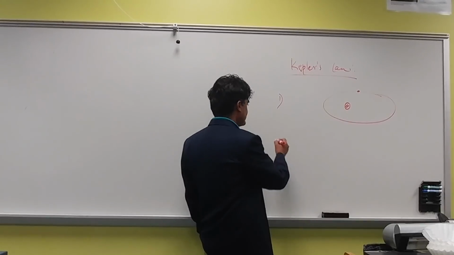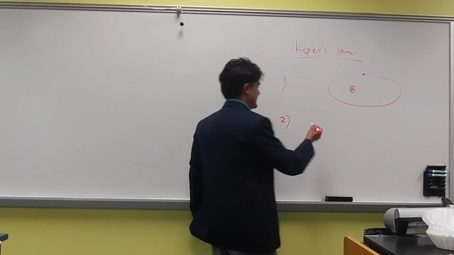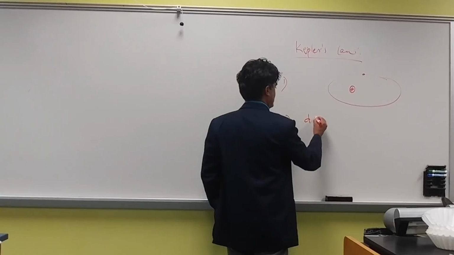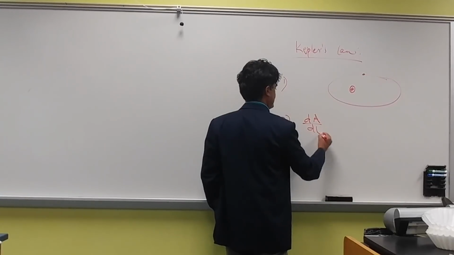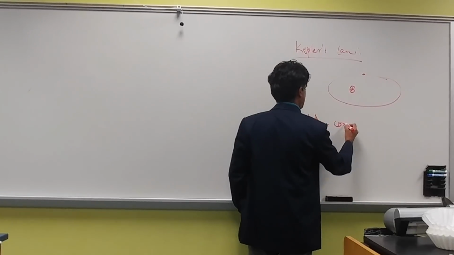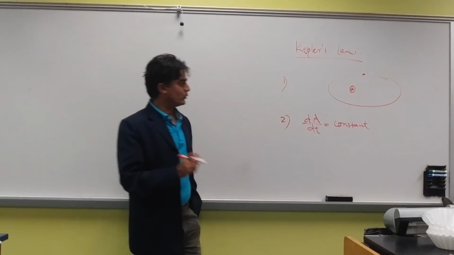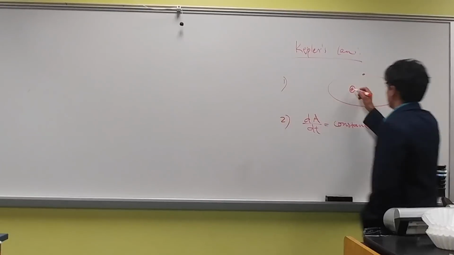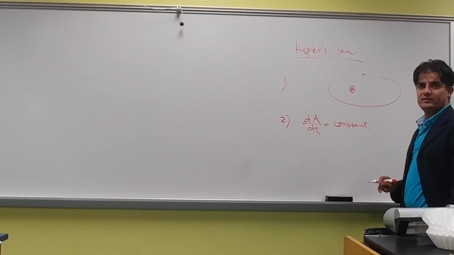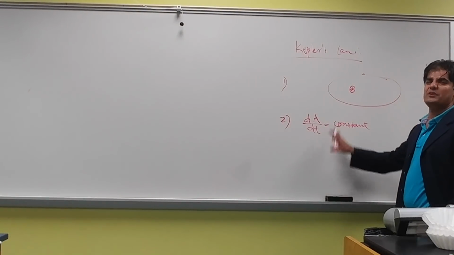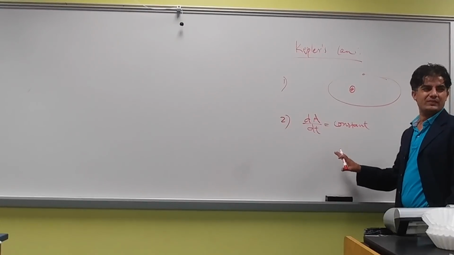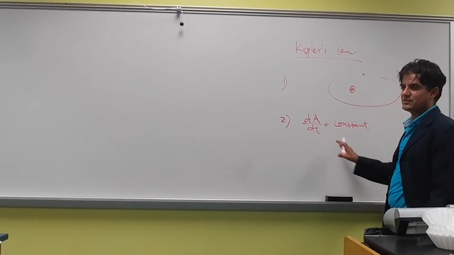Kepler's second law is that the time rate dA by dt is constant. What it means is, let's say the planet is here. I'm not going to derive this, I'll just explain what this is.